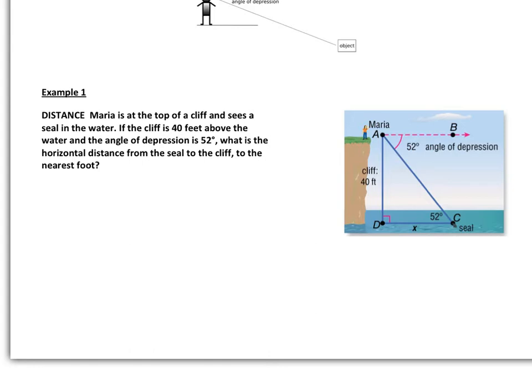The angle of depression is from the horizontal, and it will be congruent, alternate interior to this angle down here on the inside of the Z pattern. So if it's 52 degrees, then you will have 52 degrees in here. So SOH CAH TOA, let's take a look at what we know.